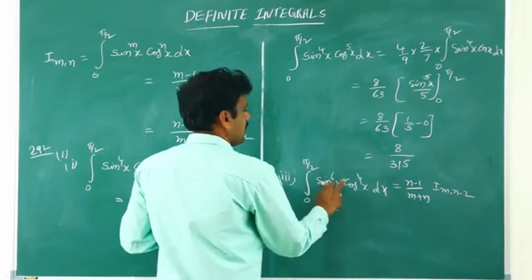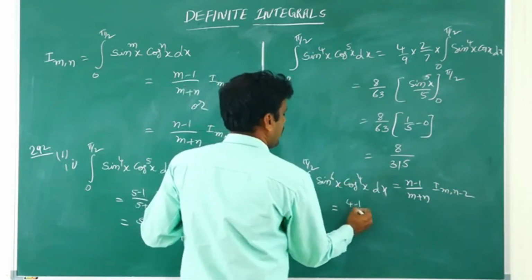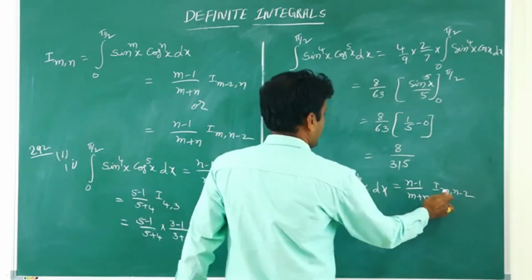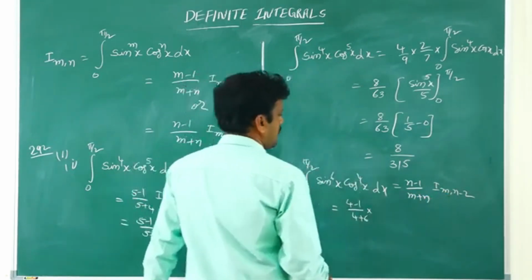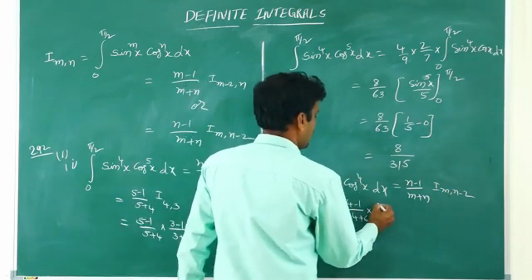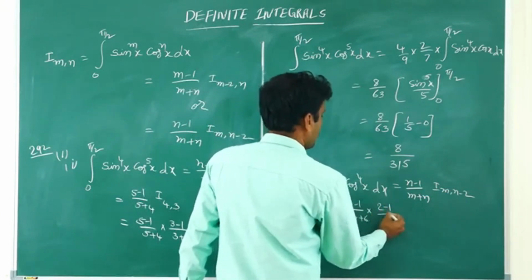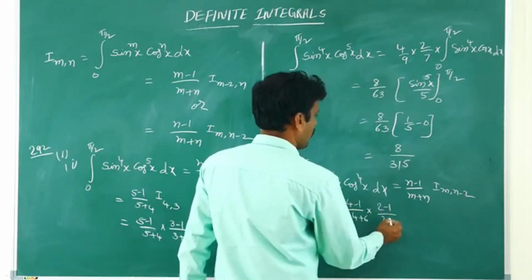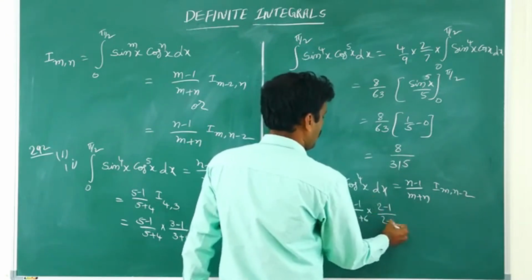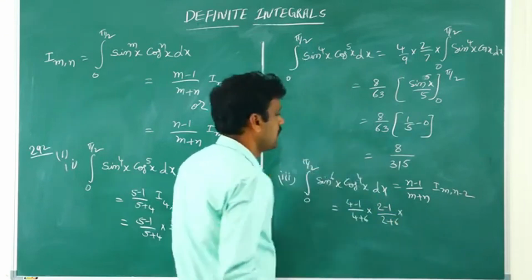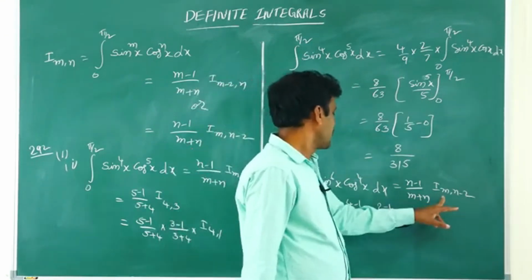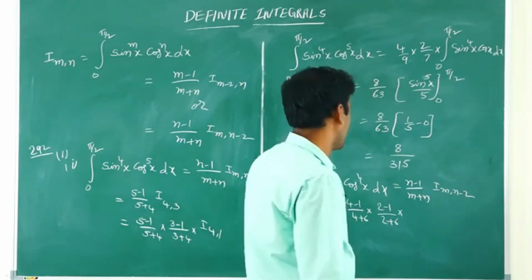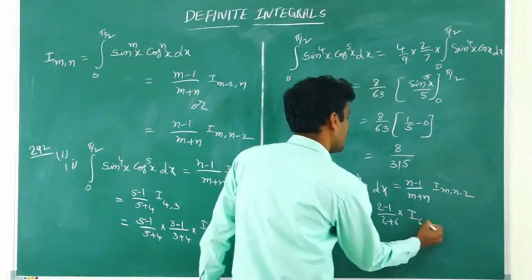That is (4-1)/(4+6) I(6,2). Then (2-1)/(2+6) I(6,2-2), that is I(6,0).